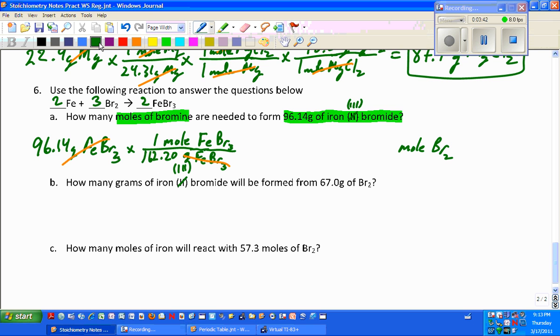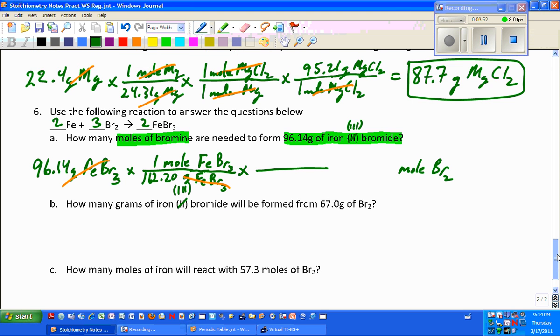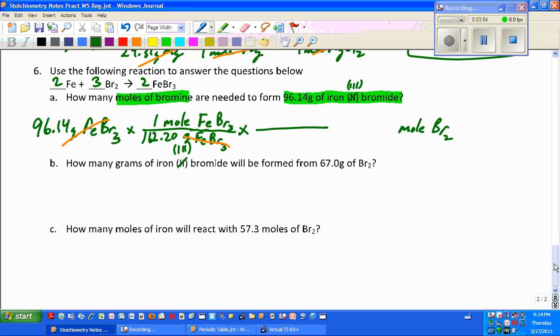So I'm ready to go ahead and do my next step, which is to go from moles of iron 3 bromide to moles of bromine. So I'm going to need a molar ratio for that. I go to my balanced equation for the molar ratio. The things I'm interested in are bromine and iron 3 bromide.